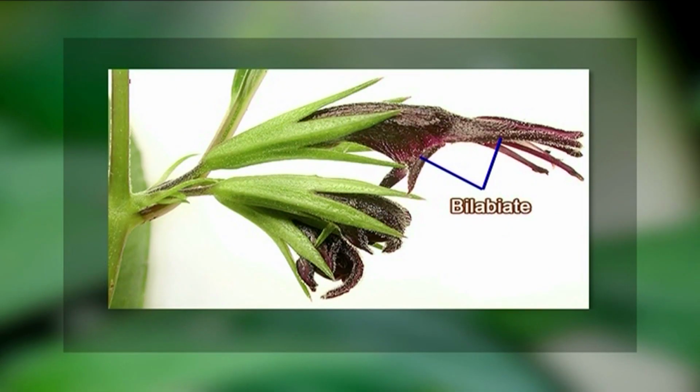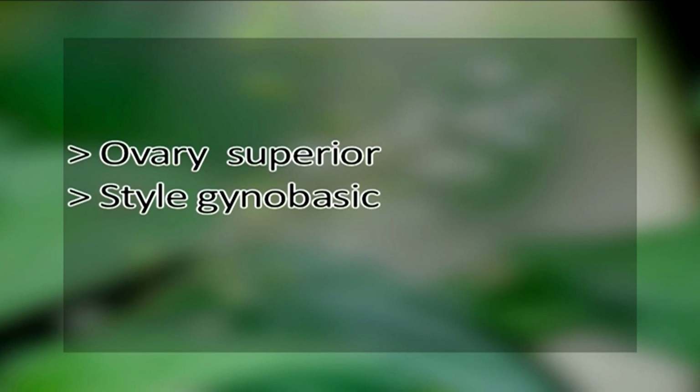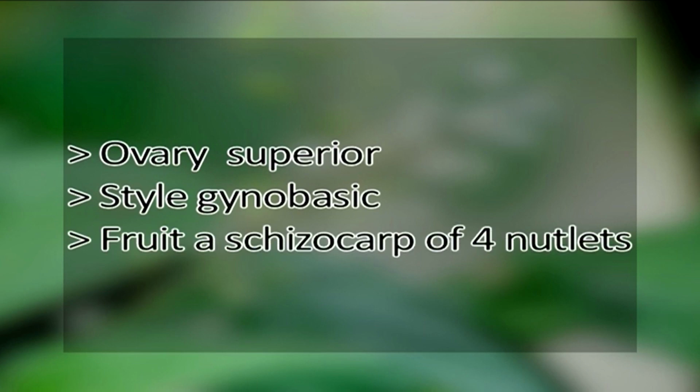The flowers are zygomorphic and usually bilabiate. Ovary is superior and the style is gynobasic. And lastly, the fruit is a schizocarp of 4 separate nutlets.